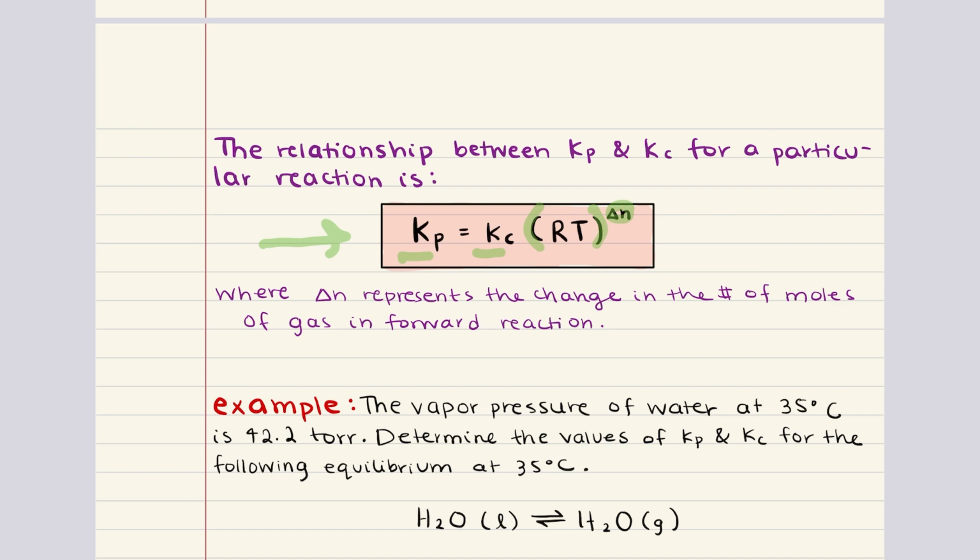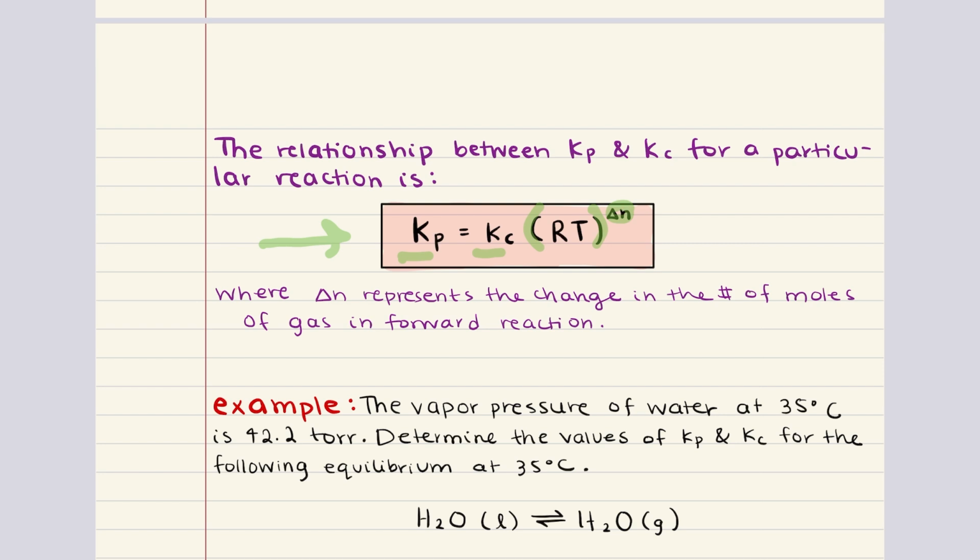In addition, when the change in the number of moles is equal to 0, meaning there is no net change in the number of gas molecules during the reaction, Kp and Kc will have the same numerical value, emphasizing the role of mole changes in determining their relationship.